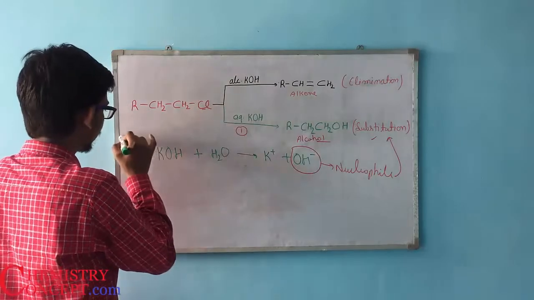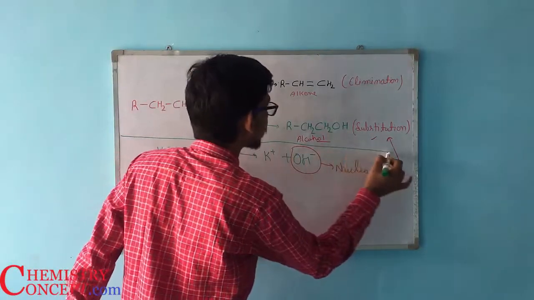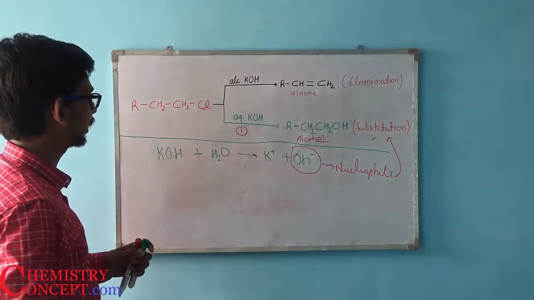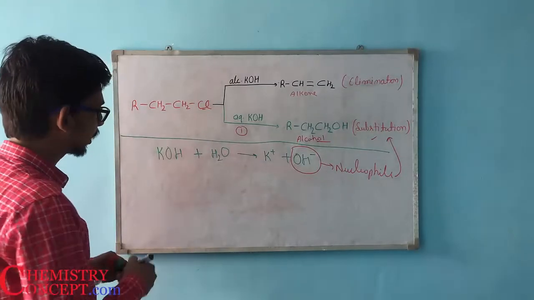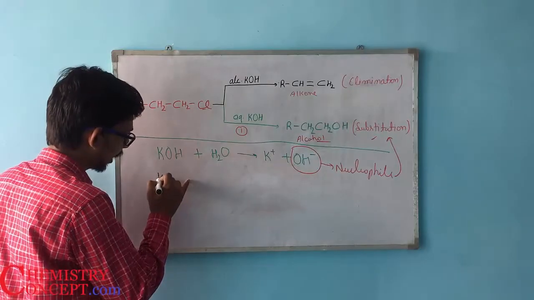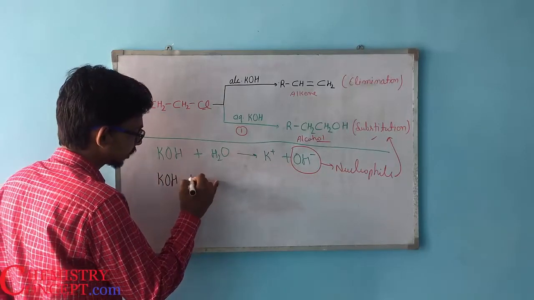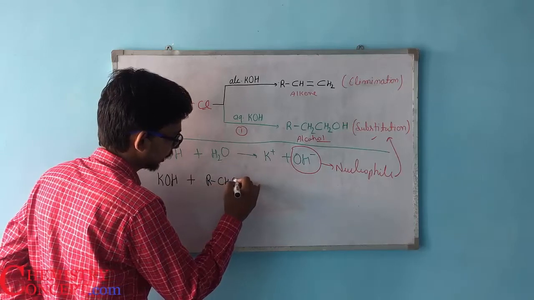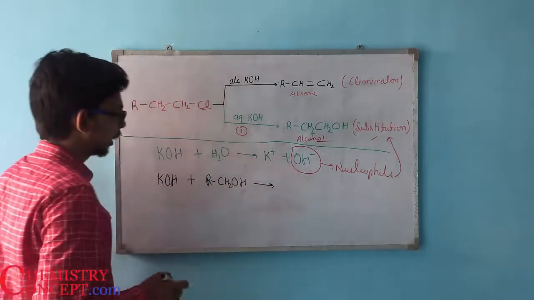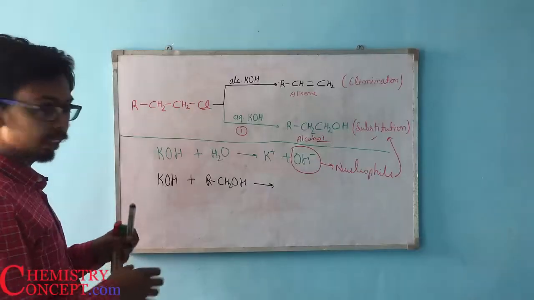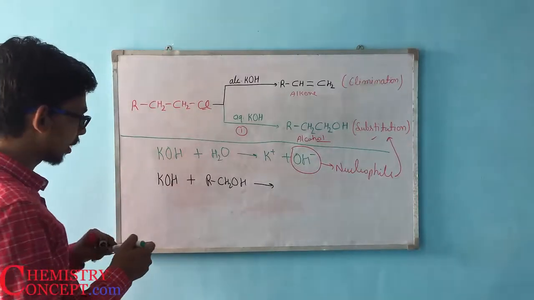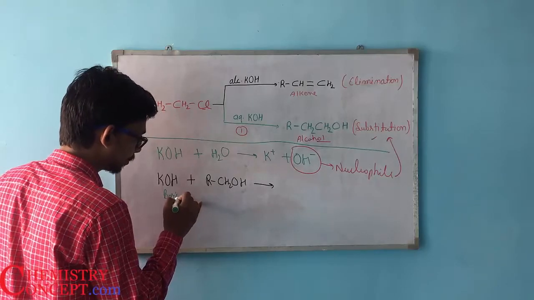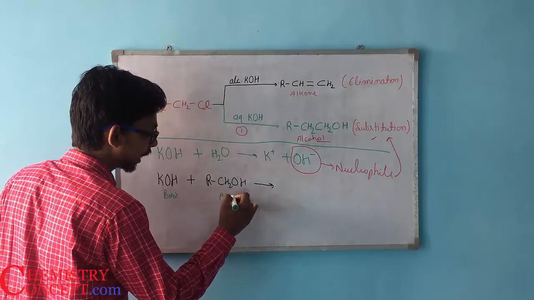Now, if I talk about the second one, which is alcoholic KOH, this time KOH is not dissolved in water, but in alcohol like RCH2OH. Because it is not water, it doesn't dissociate easily. But KOH is a basic substance, and alcohol is slightly acidic.